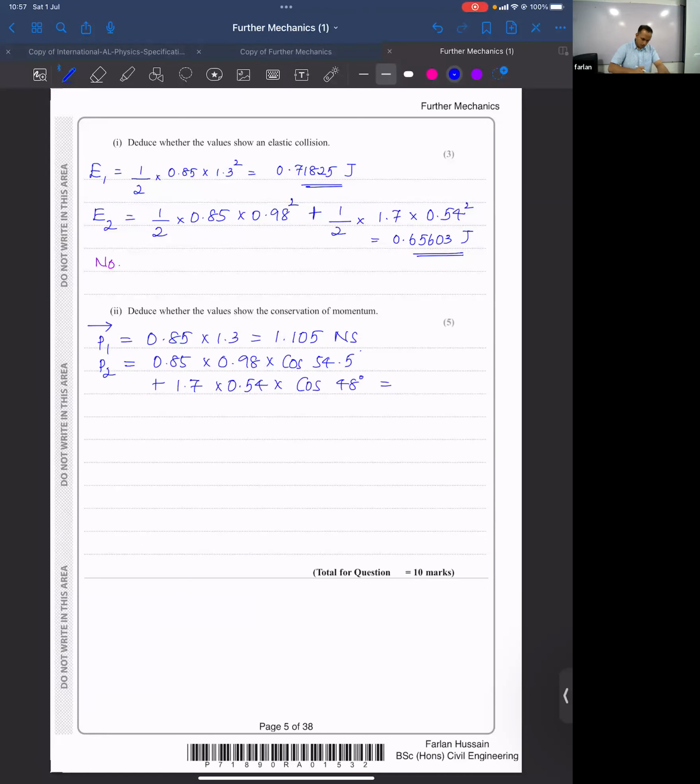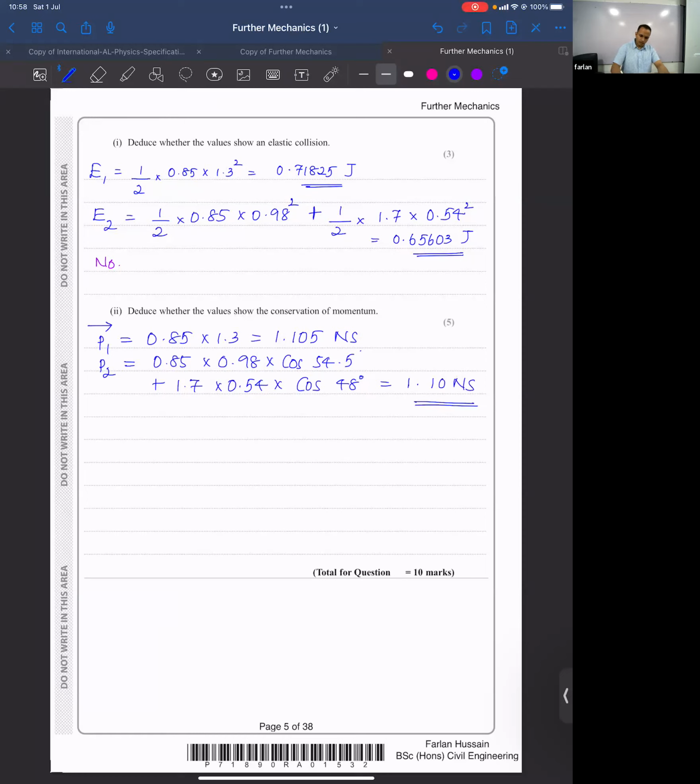Okay, let me check that value. Which is 1.097. I can take it as 1.10 Newton seconds, to 3 significant figures.